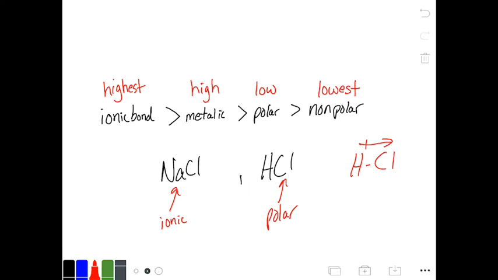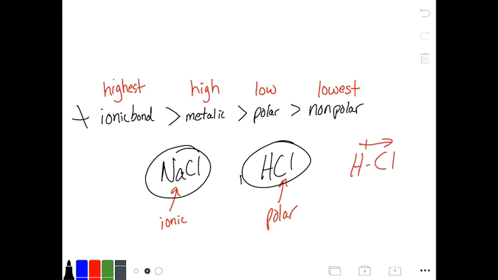So the question is, which one of these has the higher boiling point? Well, the little sequence I have up here on the screen should help you understand. Ionic has the highest. So salt is going to have the higher boiling point between salt and hydrochloric acid. Not super hard. You just have to understand this little chart that I have on the screen.